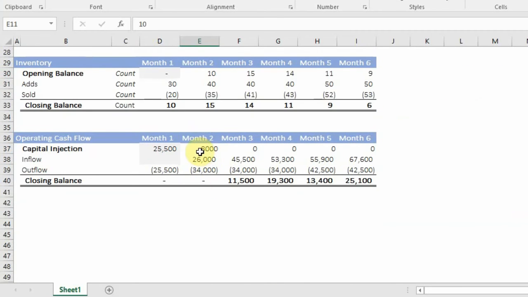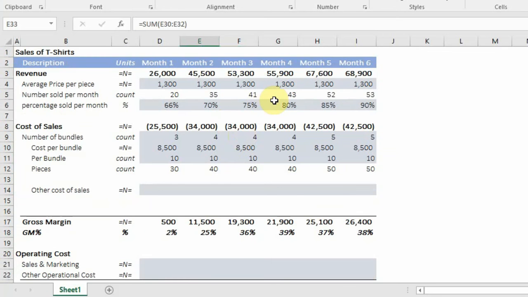The implication is that you will need to inject another 8,000 naira into this business, because what came out from the previous period, 26,000, would not be able to buy 4 bundles, which would cost 34,000. So you need to make an addition. So the model is built in such a way that it could sense when you need additional capital, and then you inject that capital in.